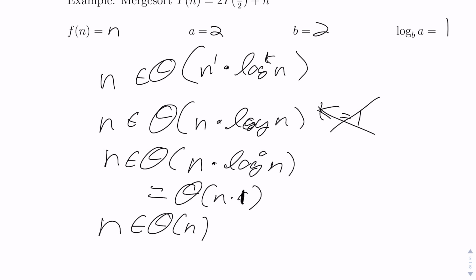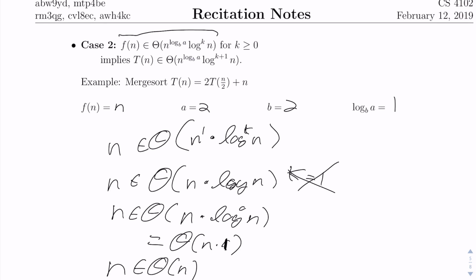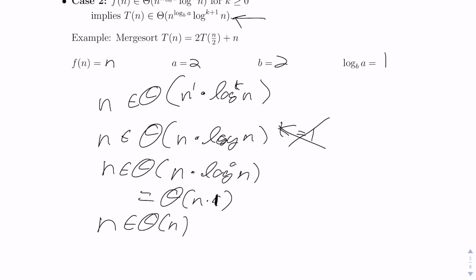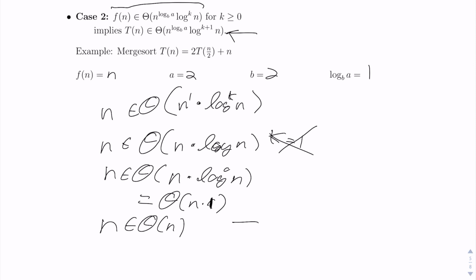Is that true? Right. So our condition is satisfied, and once our condition is satisfied, we go here to find the answer for T of n. We see that T of n is theta of n to the log base b of a, which is 1, times, and this is important, log to the k plus 1 of n, right?